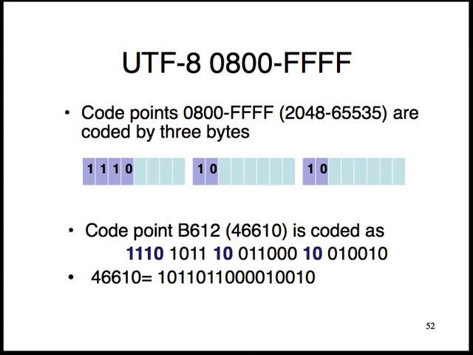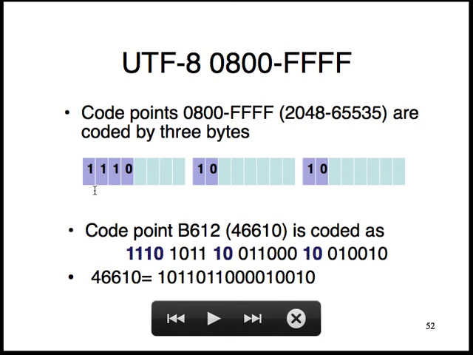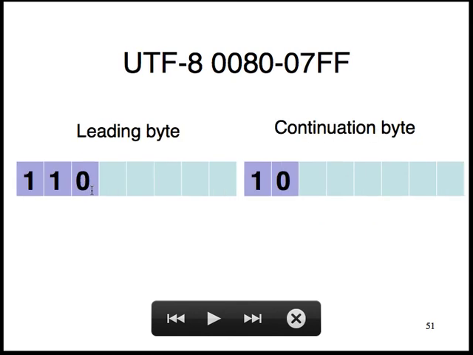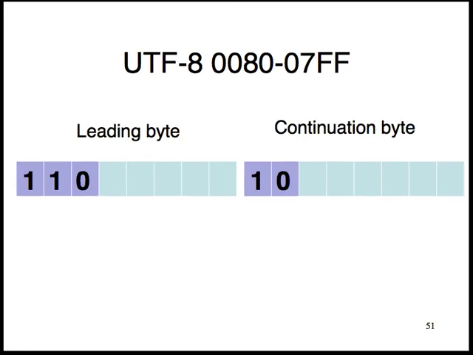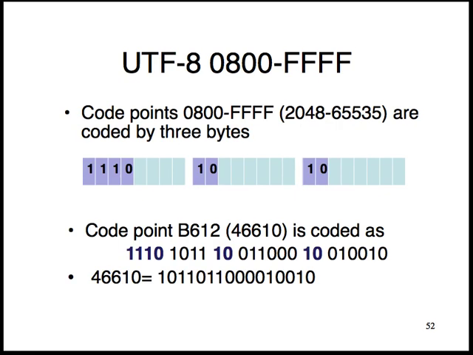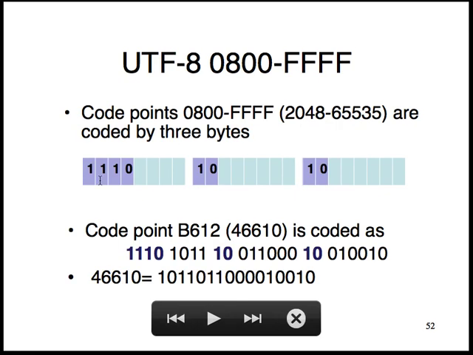The next part of the table, the following code points then, they might require 3 bytes. And so here, the leading byte, if you look at the difference, this one was 110. Here the leading byte starts with 1110.